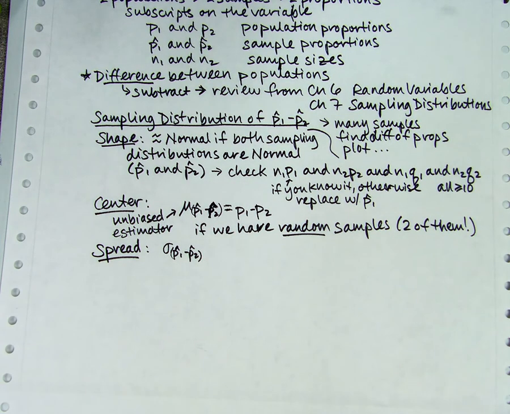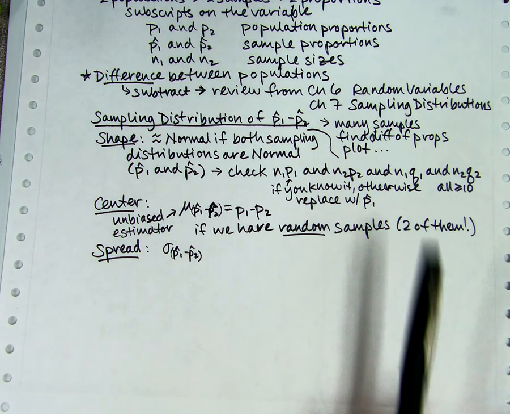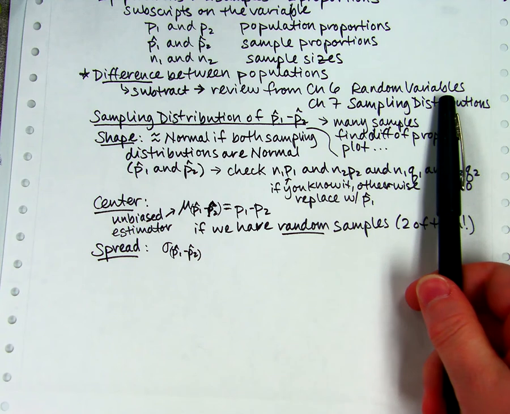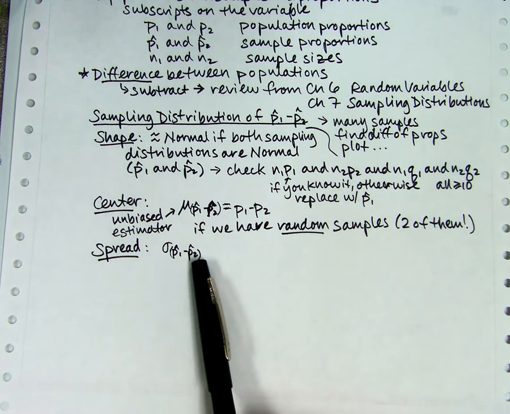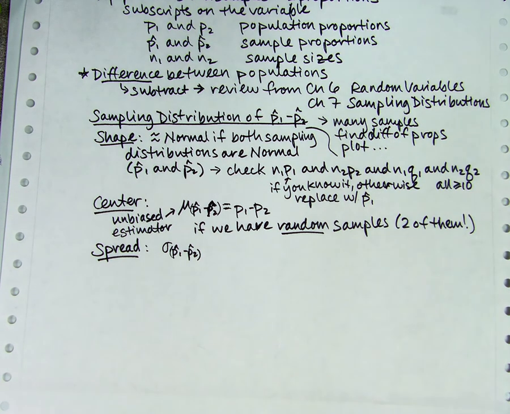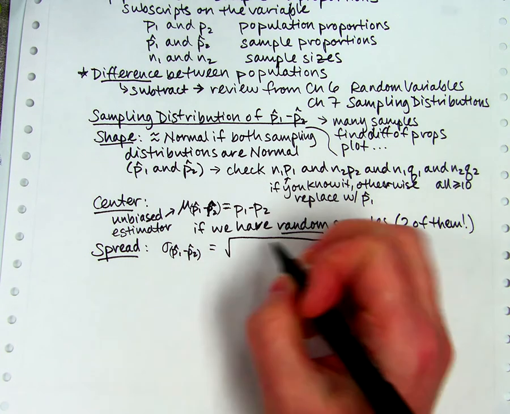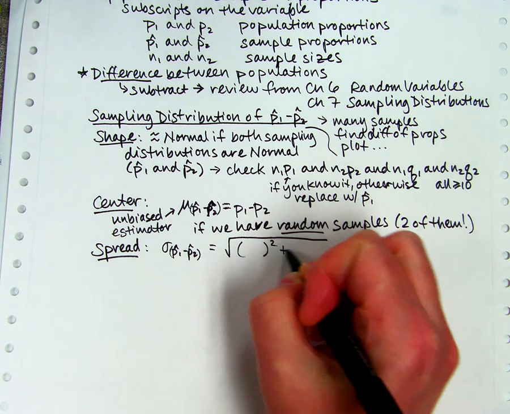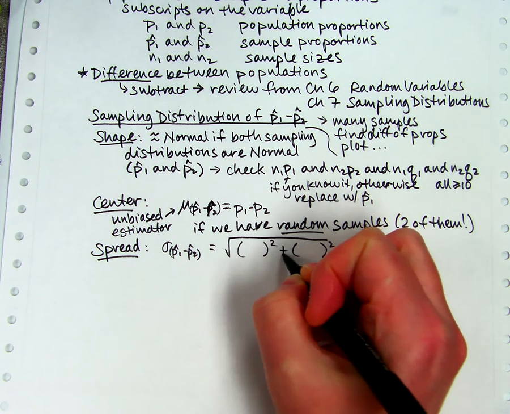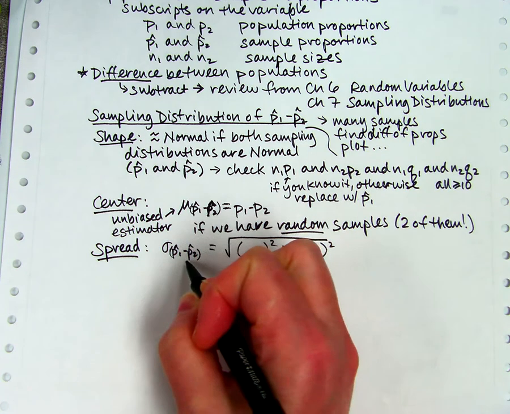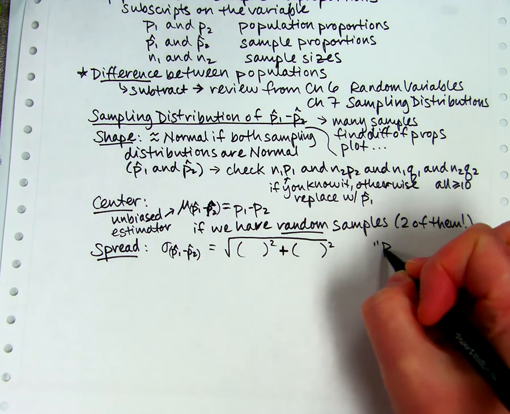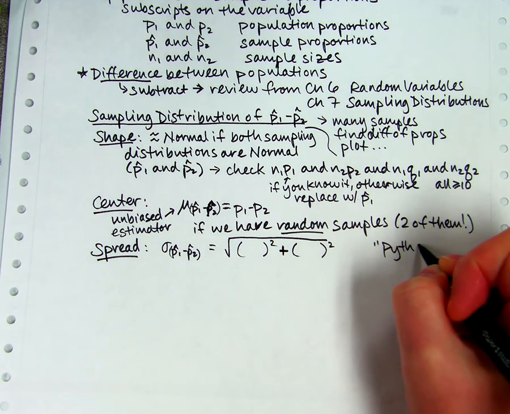So the spread is based on, here I told you we were going to review random variables, right? We talked about if you subtract 2 random variables and then take the standard deviation, that's that formula that looks like the Pythagorean theorem. So I'm just going to remind you of the Pythagorean theorem formula. It is a plus, even though this is a minus. Pythagorean theorem of statistics.